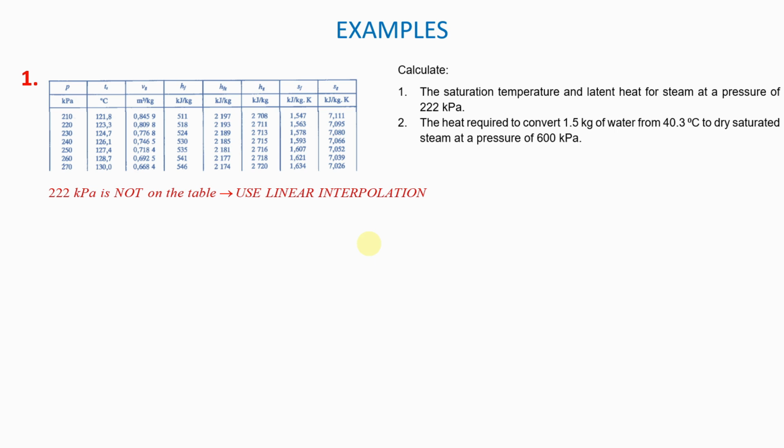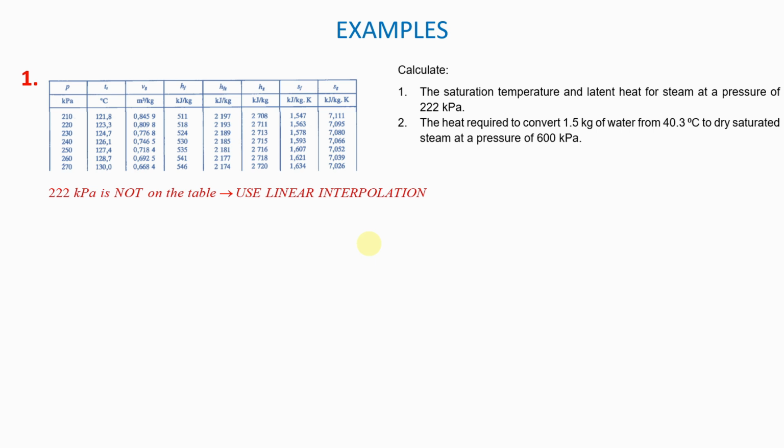Basically, linear interpolation is pretty much the use of a graphical method to try and estimate what the value will be for data that is not in the table, like in this case for 222 kilopascals.